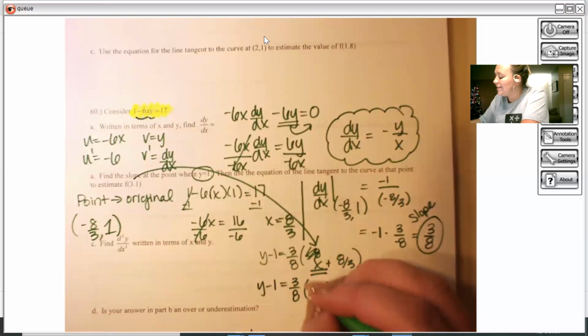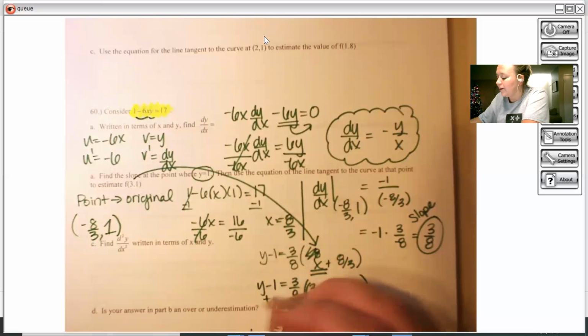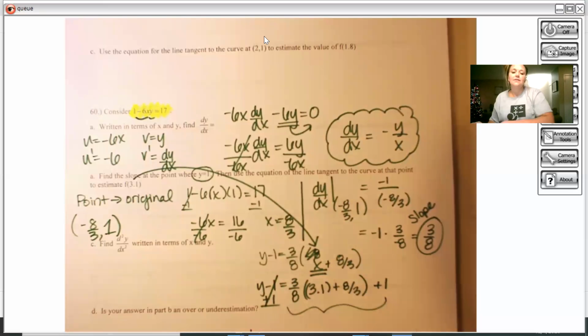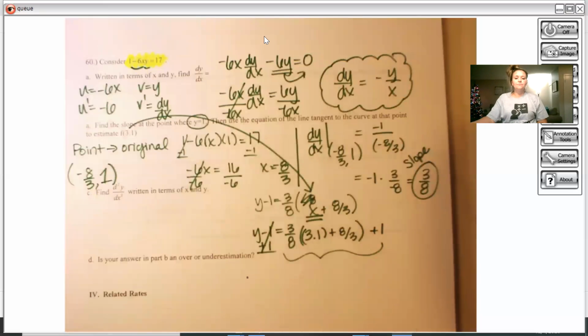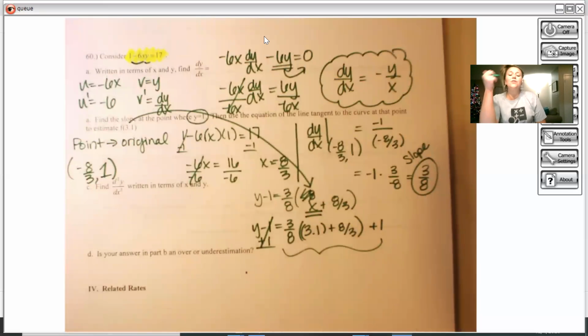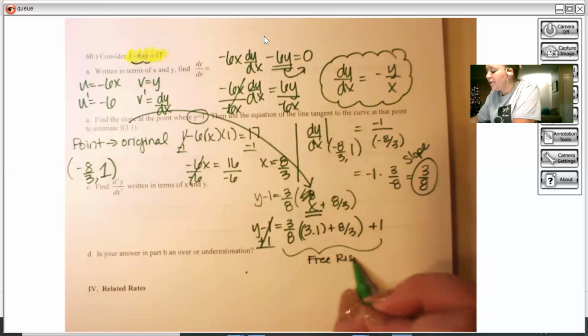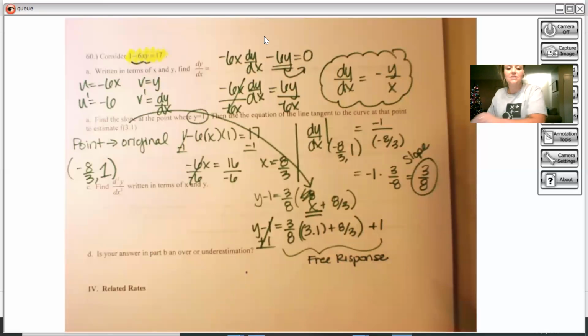And then the last thing that I would do is I would just add this one across, because I am not trying to mess with all of that. When I plug in 3.1, add 8/3 to it, then times it by 3/8, that's too much. I would say just add the one across and then that's good enough, especially if it's free response. It doesn't even matter. They're not going to grade if it's simplified or not, as long as it's not incorrect.